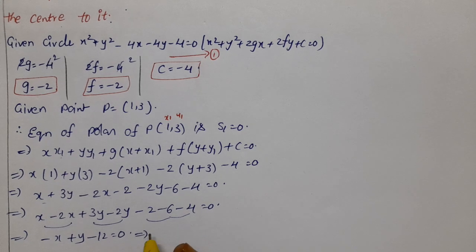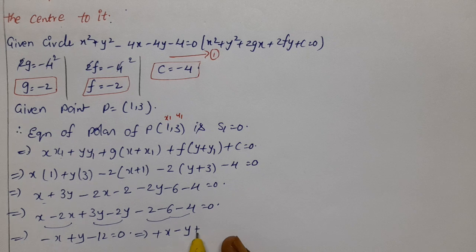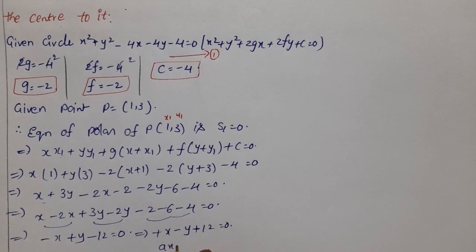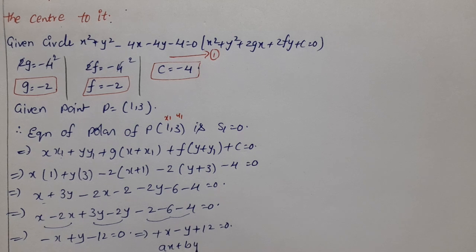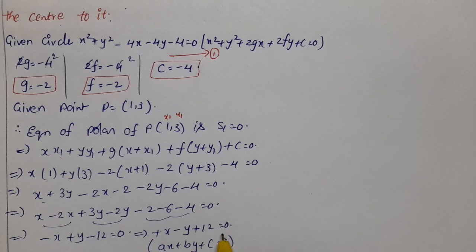Take minus common, means change the signs: x − y + 12 = 0. This is in the form ax + by + c = 0. This is the equation of the polar.